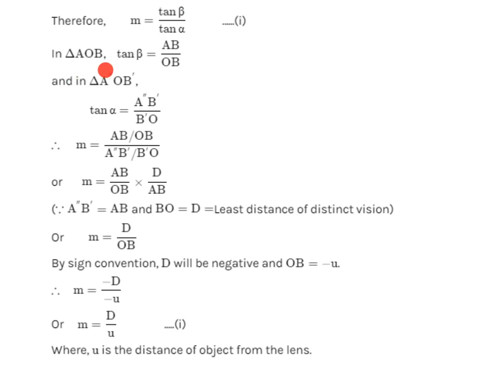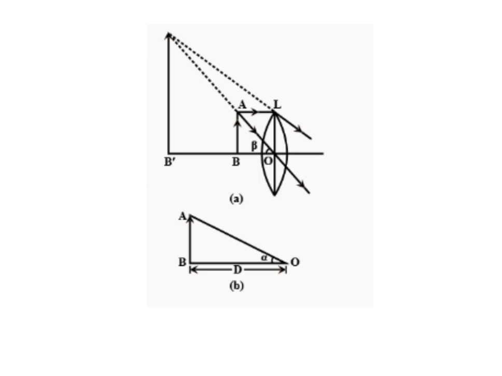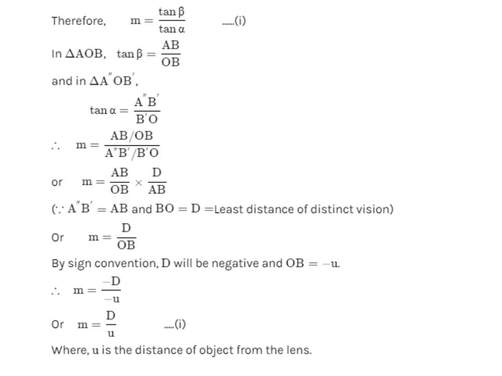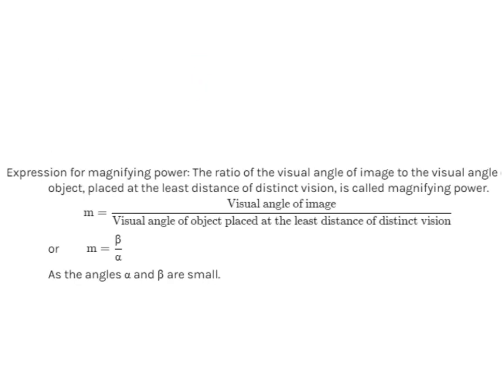In triangle AOB, tan beta is equal to AB upon OB. Let us see here.